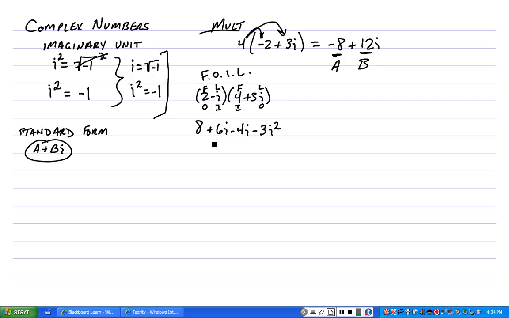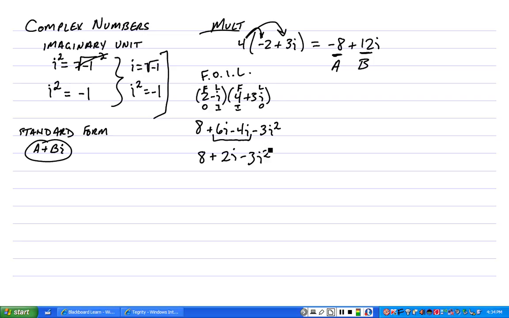Okay, now just like when you did it with polynomials, your outside and inside terms tend to be like terms, and you were able to combine them. So if you combine your like terms, you get 6 minus 4, which is a 2i, and then you bring down your minus 3i squared.